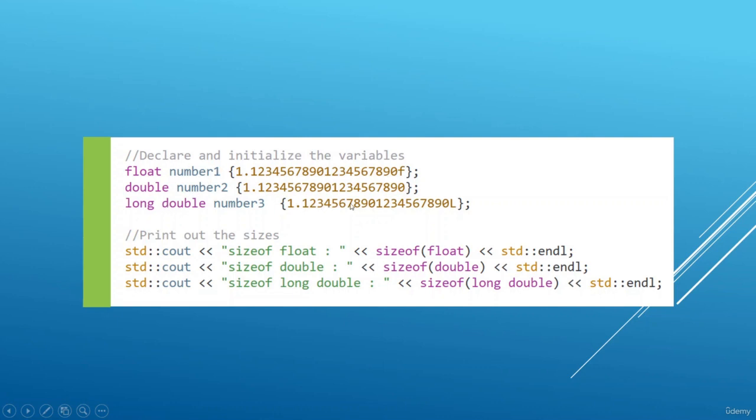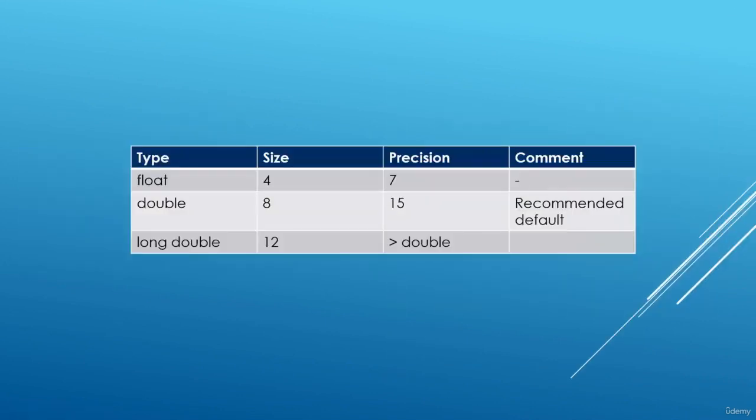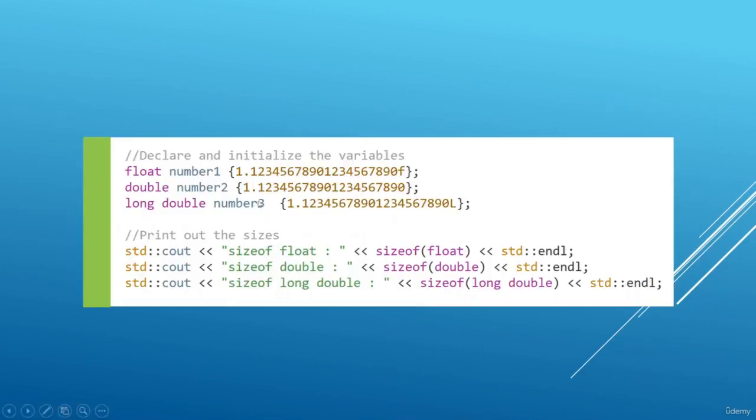A long double should be able to handle this without a problem, because if we go back to our table here, our long double should be able to handle this better than double, but it is possible that it is the same thing as double, depending on the compiler implementation. And if we try to print out the sizes here, we're going to see what the compiler gives us. We're going to do this when we try this in Visual Studio Code.